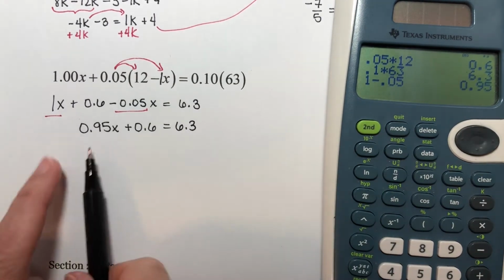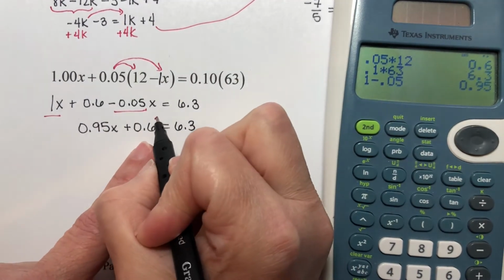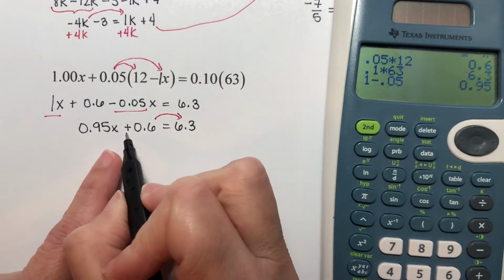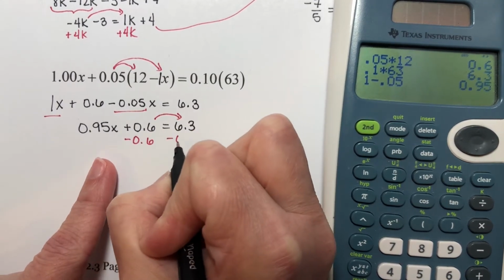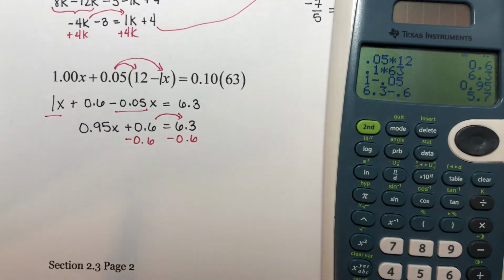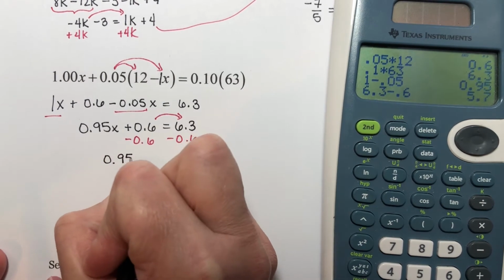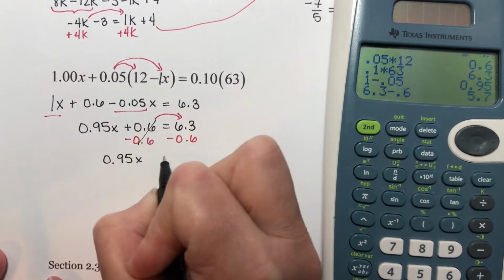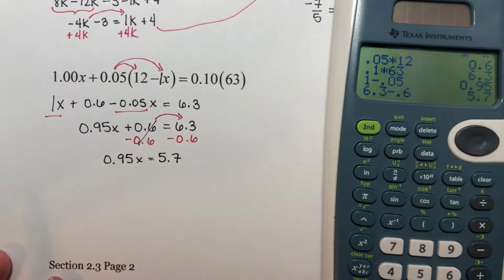Now I want to get my variable term alone, so I want to get rid of this 0.6 by moving it over here. This is a plus, so I subtract 0.6 from both sides. And that gives me 5.7. So I have 0.95x, that canceled out, equal to 5.7.